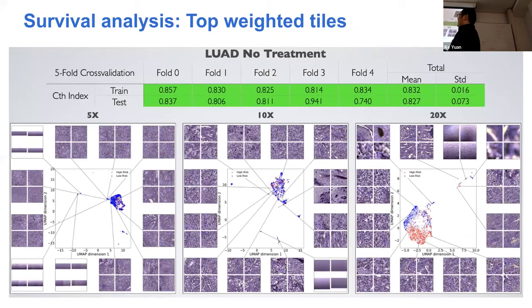So this is LUAD, but I don't think these numbers are comparable. We did benchmark TCGA LUAD overall survival performance. By and large, we tested 40 different pre-trained models, and slightly below 0.6 C-index is what you're looking for.